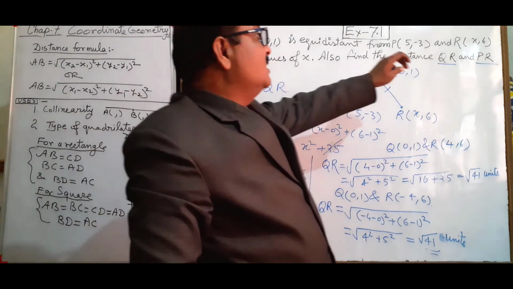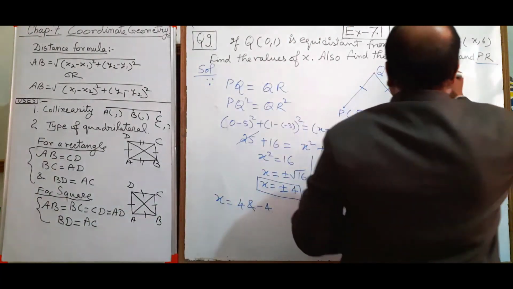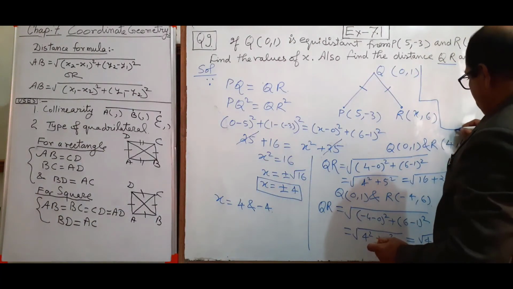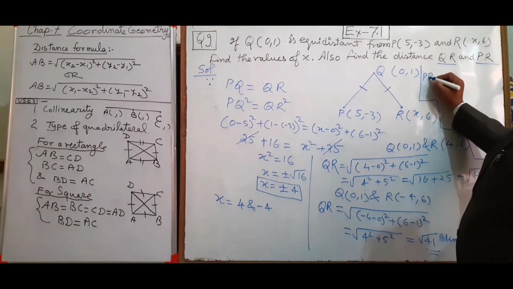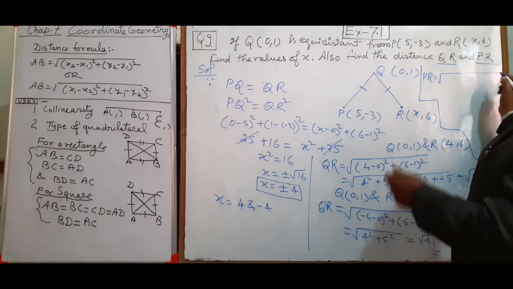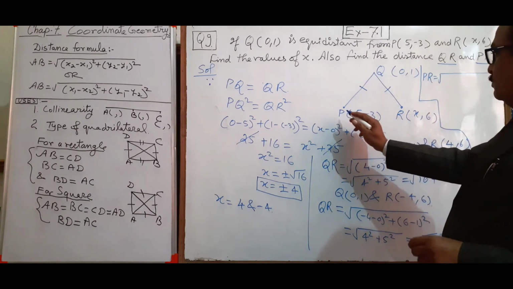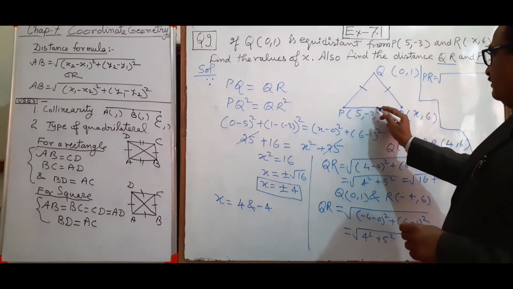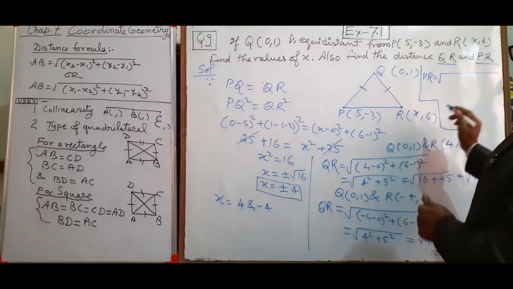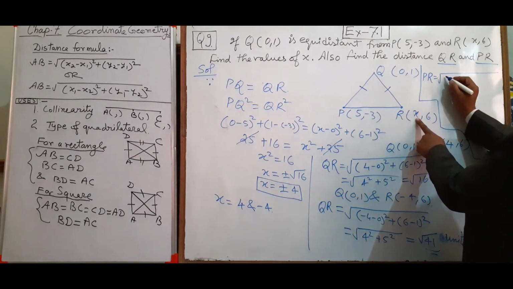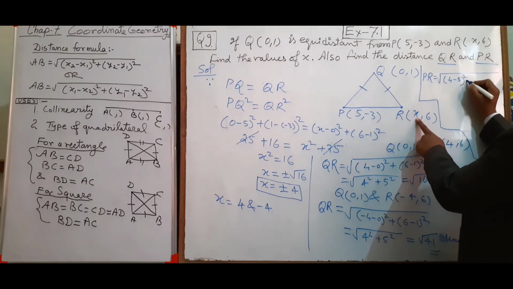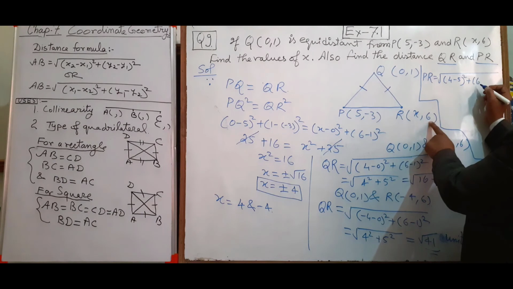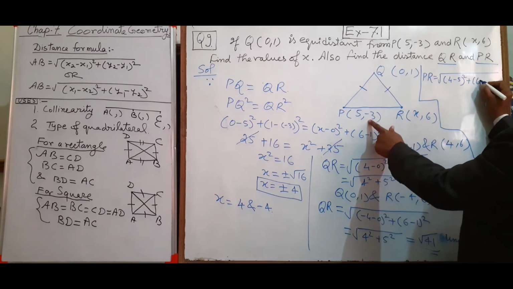Now one more distance PR you can calculate using the same method. Now PR will be calculated as under root. These 2 points are given, PR. We want to calculate this distance. In place of x we are putting 4. (4 minus 5) whole square plus (6 minus 3) whole square.